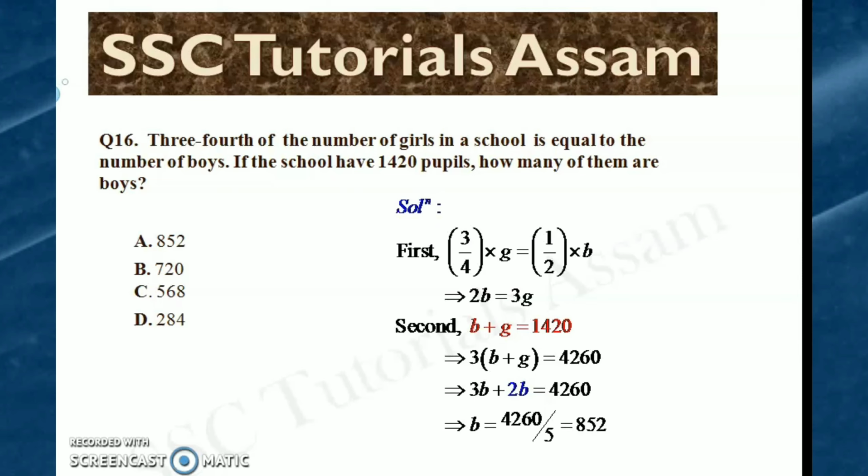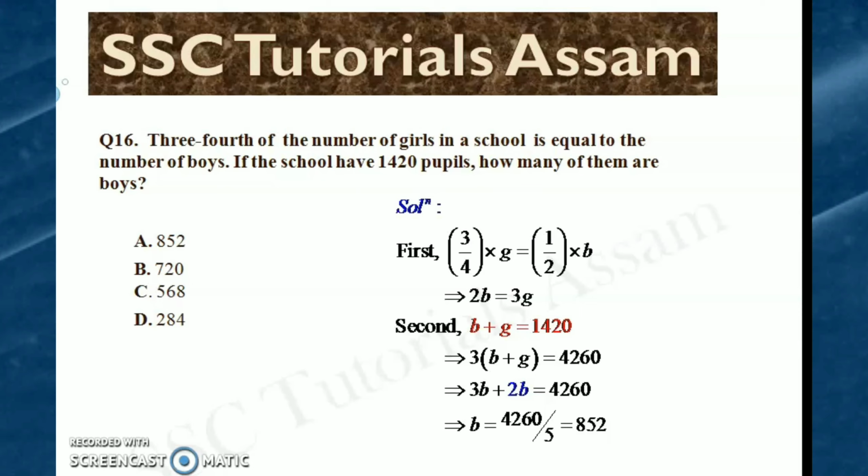So 3b plus 2b equals 4260. So 5b equals 4260, so b is equal to 4260 by 5, which is 852. So option A is the correct answer.